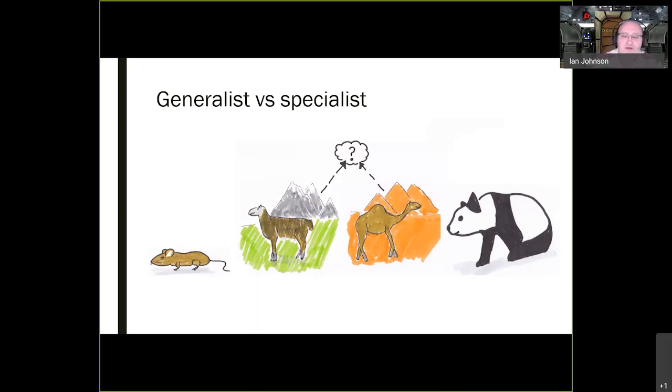So the llama in the more mountainous, wetter areas of South America, the camel in the drier, arid deserts of Africa. Now, they may have a common ancestor, but they haven't drifted too far from that yet. They haven't got to the point where they're totally dependent on either of those environments.